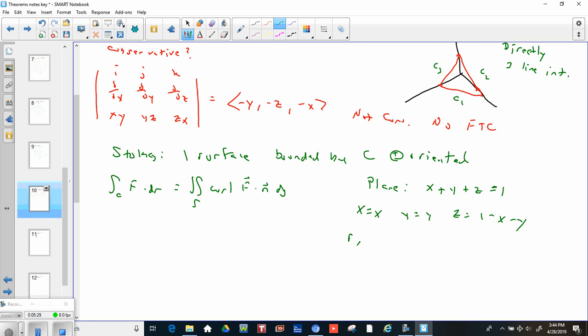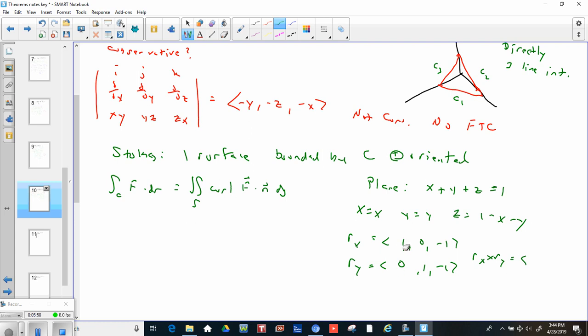So we'll do r sub x, which is 1, 0, -1. r sub y, which is 0, 1, -1. And then we're going to need the cross, rx cross ry.